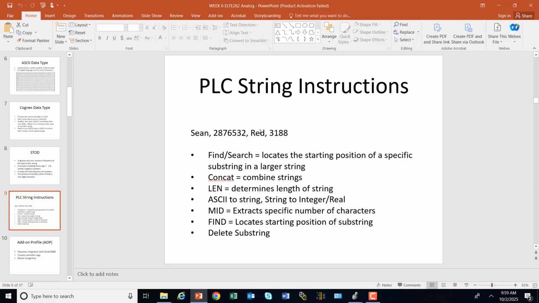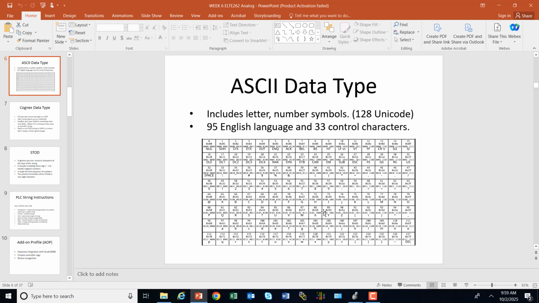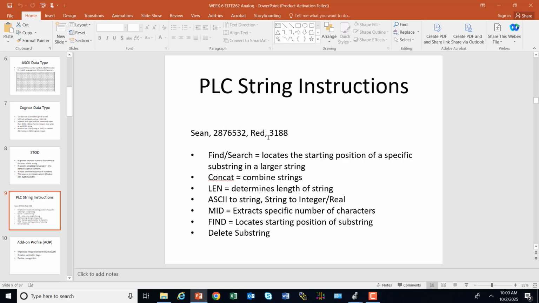The problem is it's coming in here as a string, and we already said this, Sean, is going to be messy because this S is going to be 01010011. This is fine, and this is going to be compacted into ones and zeros, binary, and then red and 3 anyway.